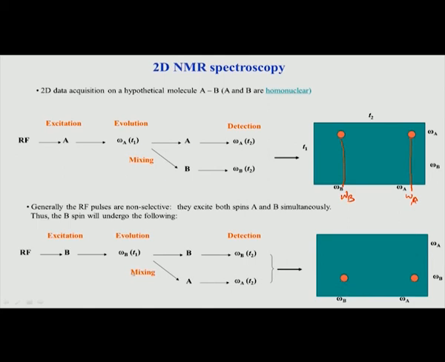Now, look at this other transfer: it has become A during T2 and it is B during T1. So, that will be the cross peak between A and B. Again, this is this peak here, this line here. So, omega A is here and omega B is here. So, you get a cross peak between A and B because of this transfer.